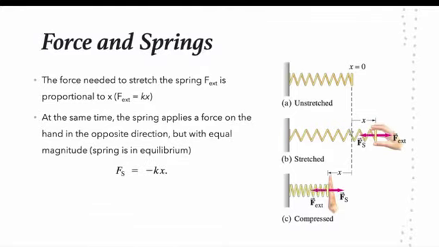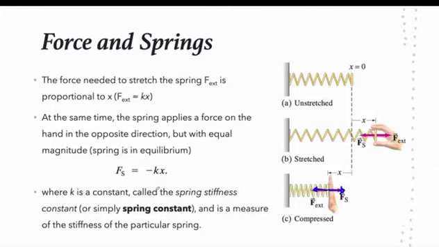So that means that the force in the spring will be equal to negative kx. If we compress the spring, we're going to be applying a force in this direction, and the spring would want to go back to its equilibrium position, so also in the opposite direction. So the force of the spring is equal to the force exerted, but just in the opposite direction.